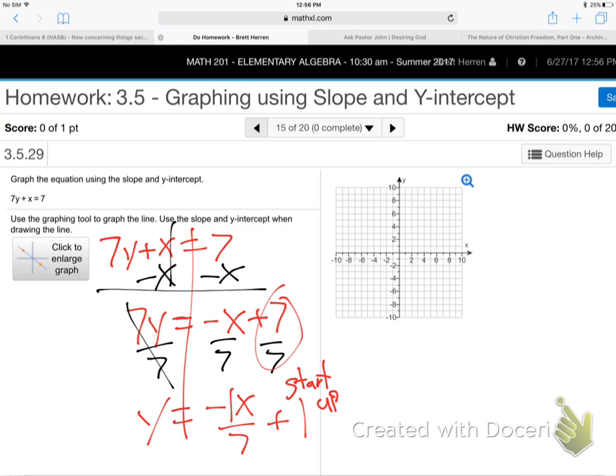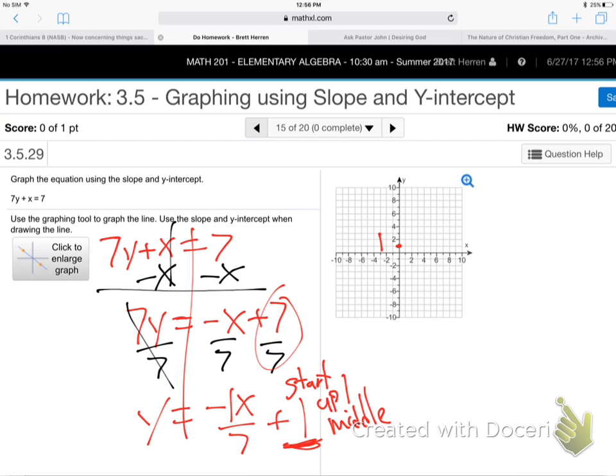Start up 1 in the middle. That number off to the right is your starting point, your y-intercept. So it's in the middle line, hits the y-axis. Up 1 on the y-axis.